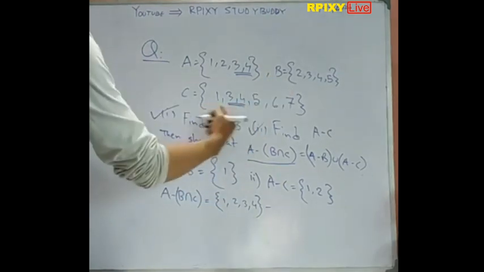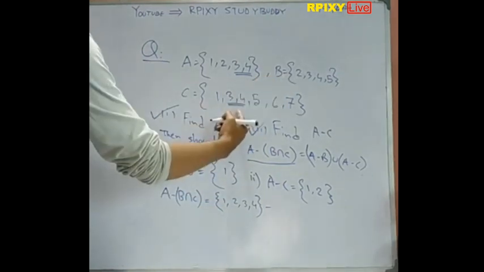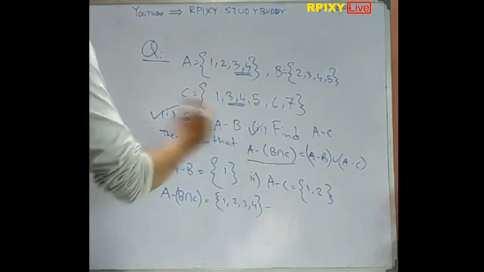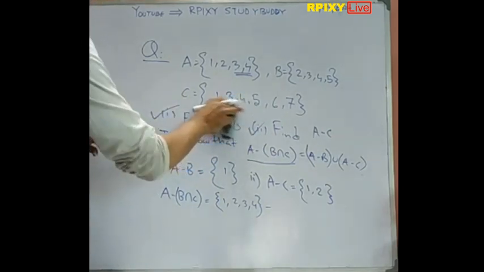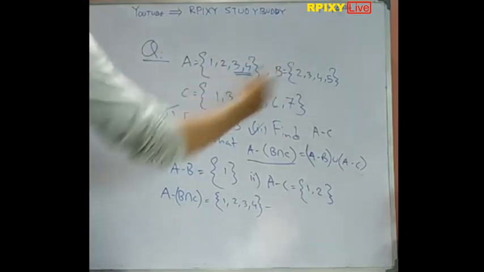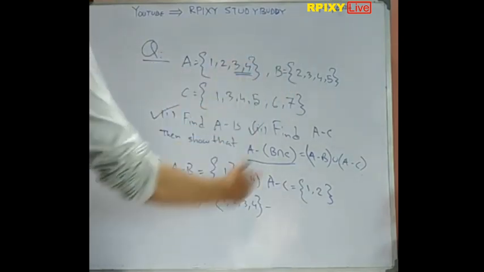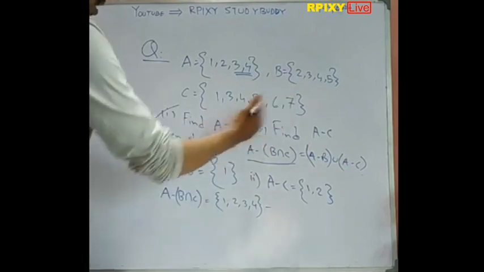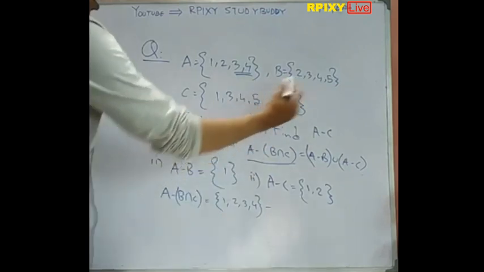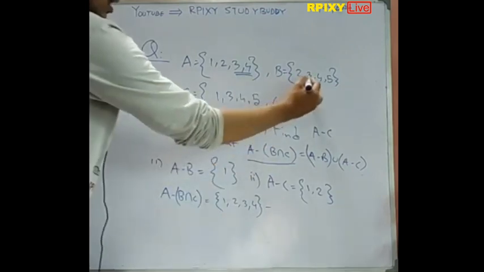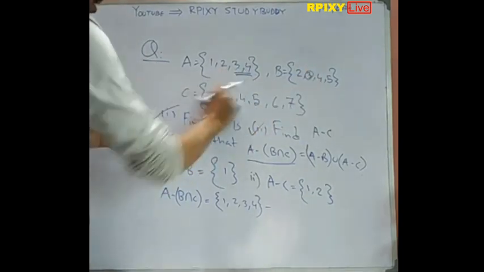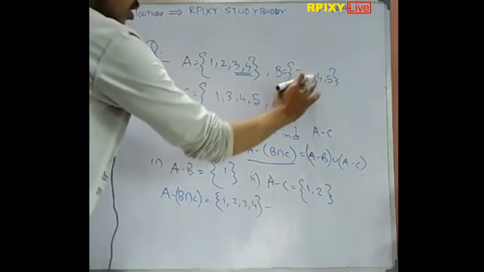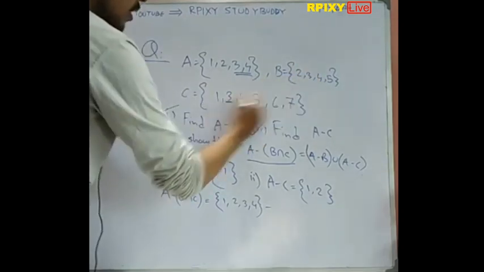Now B, C. These are the sets. What is the intersection of these two sets? You know that the intersection means the common elements between B and C. So B intersection C is, what are the common elements? 2 is here, 2 is not here. 3, 3. Okay, so 3 is a common element.